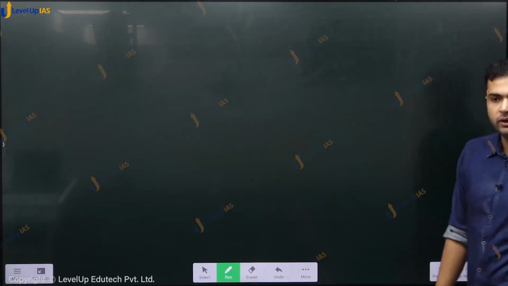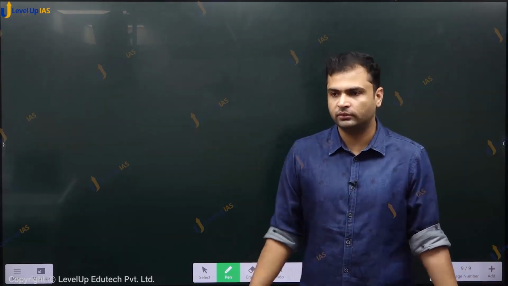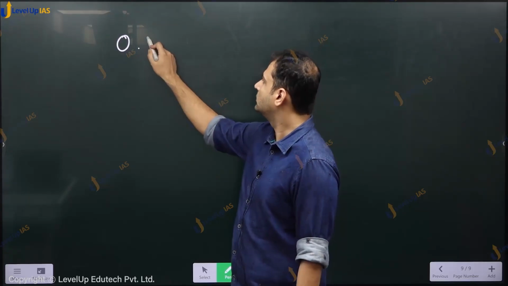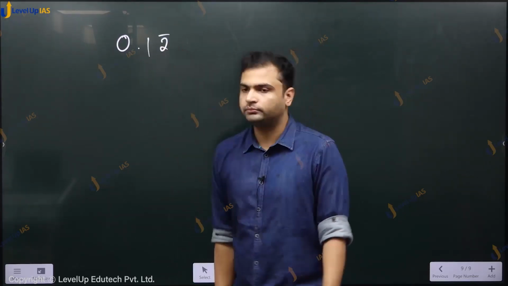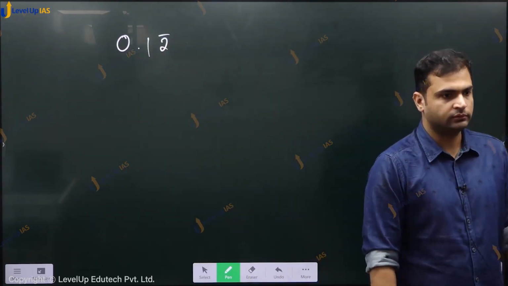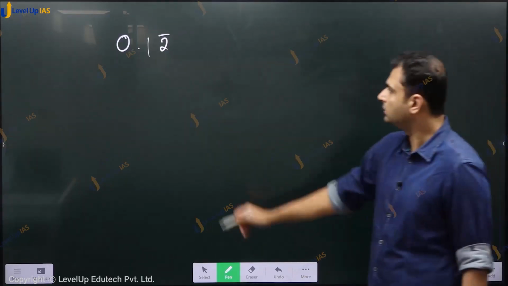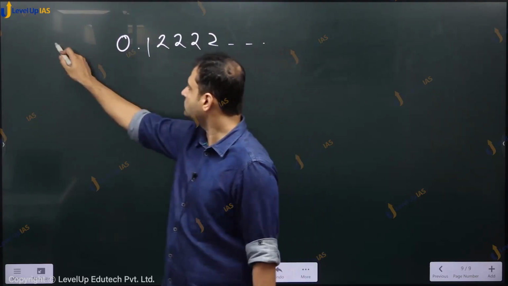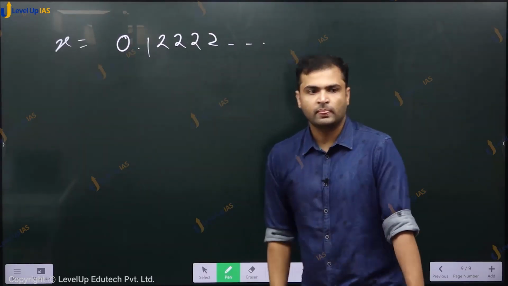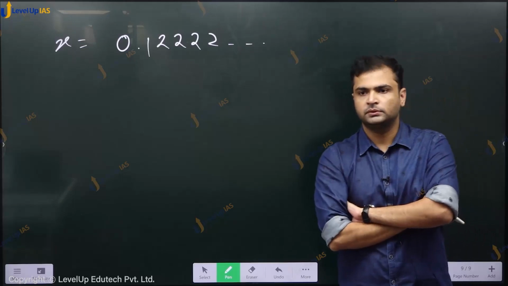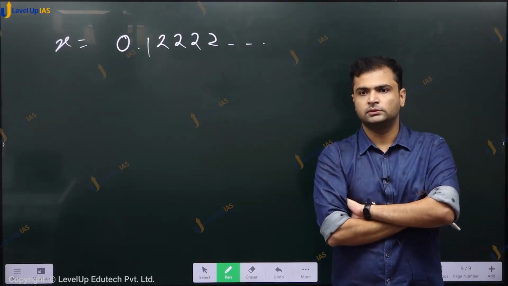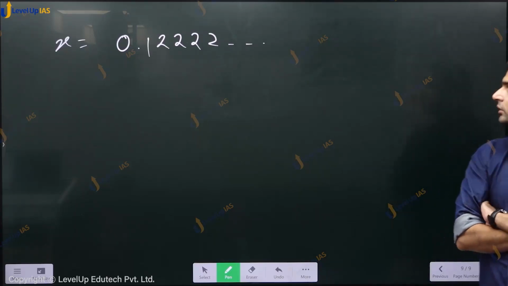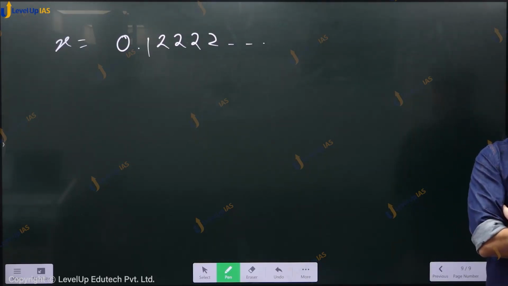Now the next case would be where digits repeat after some time. For example, let us start with 0.12 bar, right? So 1 2 2 2. How do we convert this now? What do we already know?